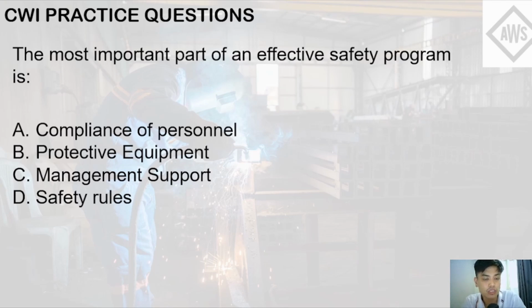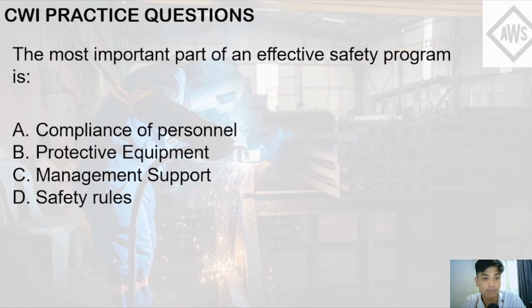Letter C, management support. Like any other program, maybe safety, quality, etc., management support is important for everyone's buy-in and compliance for an effective safety program. Safety rules is basically what entails that safety program, the rules and regulations and what consists of the program itself.